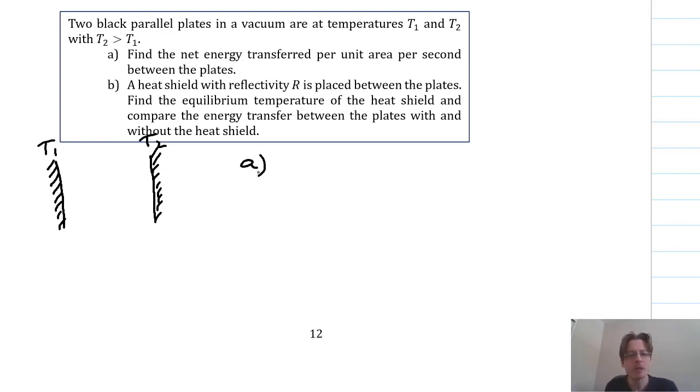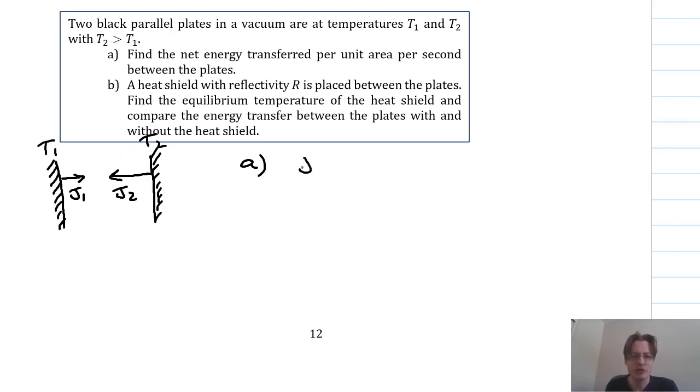Okay. So first, they do both emit radiation. Even though this one's liquid nitrogen, it's super cold, it still emits thermal radiation at the rate J1. I assume they're black bodies, so I'm using just the value of J. And this one is hotter, so it has a higher emission rate, J2. The amount that's transferred between the plates, in other words, how much is going from right to left, I just subtract.